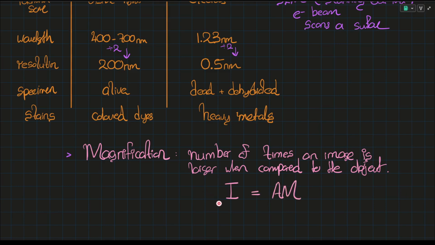Image size is equivalent to the actual size multiplied by the magnification. Two small tips I'll give you when it comes to magnification: first of all, you have to be very mindful of units. That's the first thing.